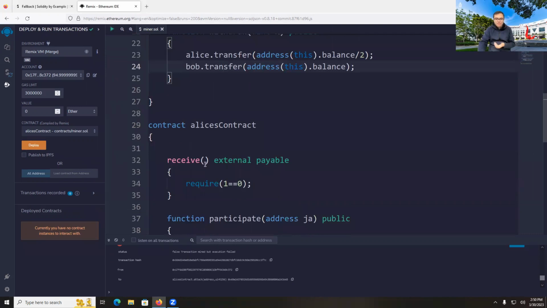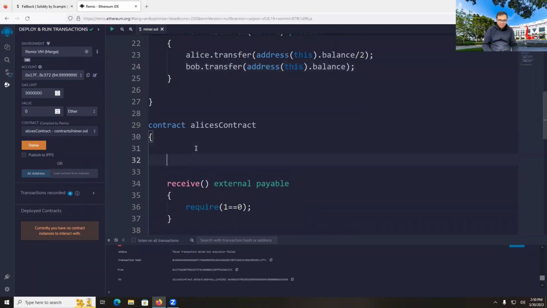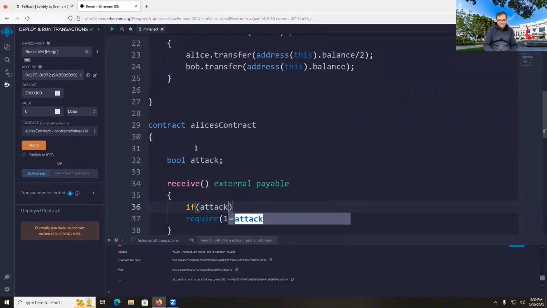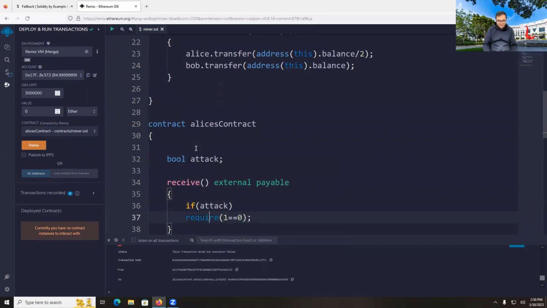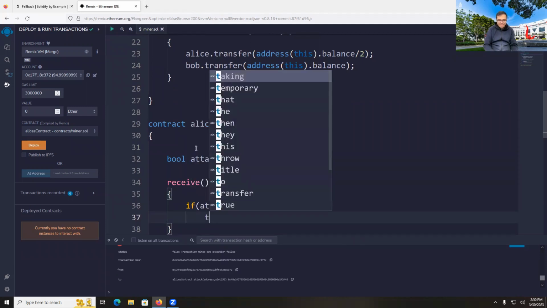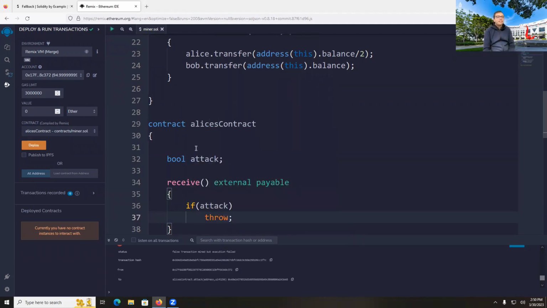Of course, for this to be a viable attack, I will probably have some Boolean here saying whether I want to attack or not. And then I have a function that I can use to control the value of this Boolean. And here I just say if attack, do this. Okay.